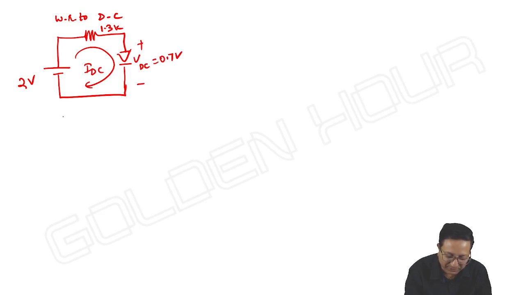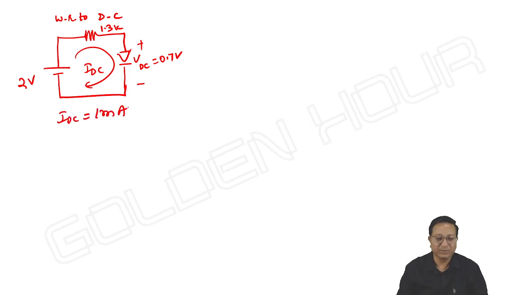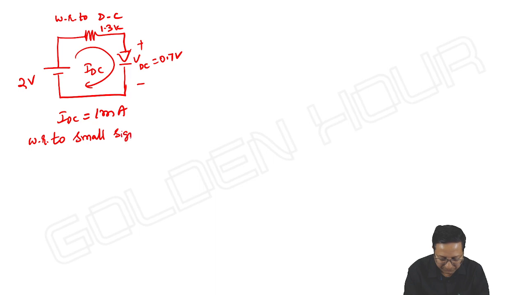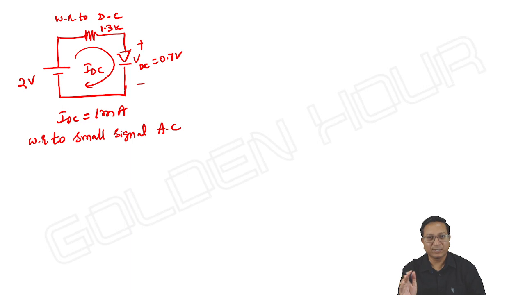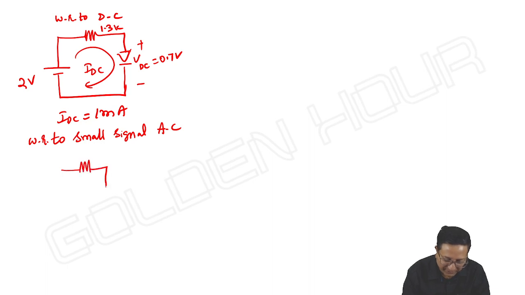VDC is 0.7 volts and IDC is equal to 1 milliampere. Next, with respect to small signal AC. Individually, the device is not conducting, but with the help of DC, it conducts. Once the device is in conduction, then only we can write so. Sorry, it's not DC, I should write AC.